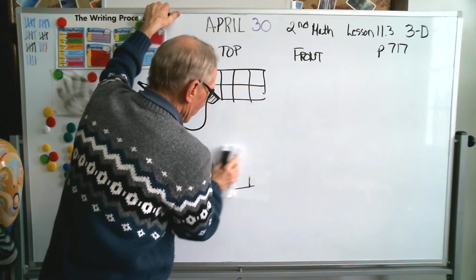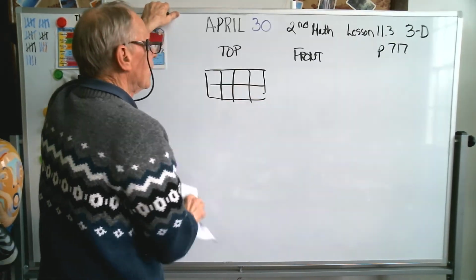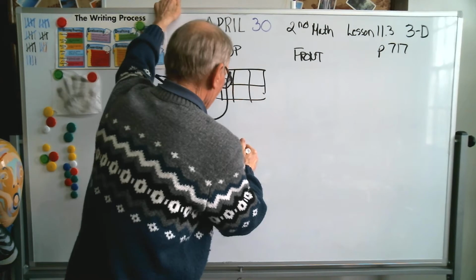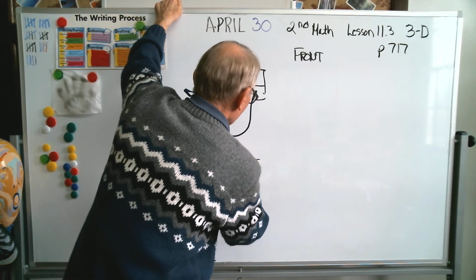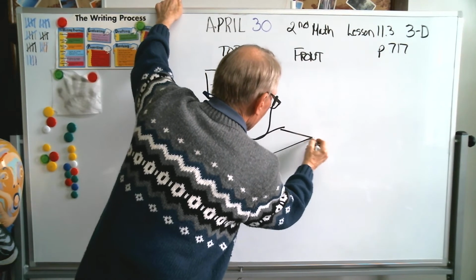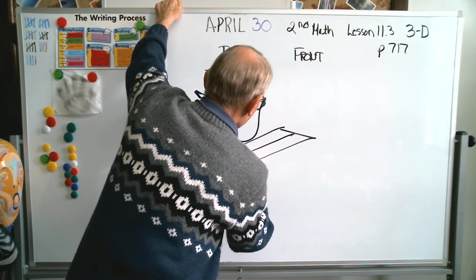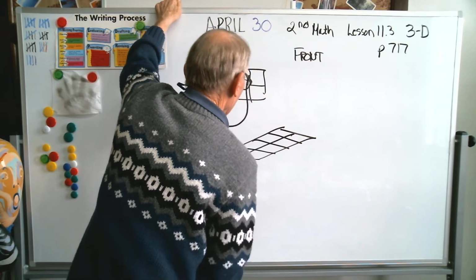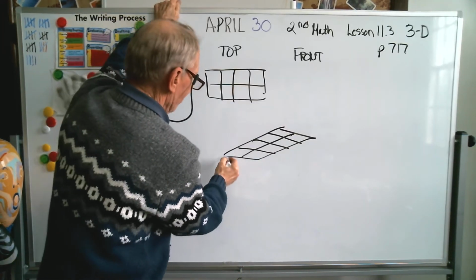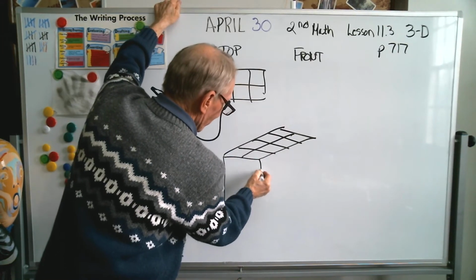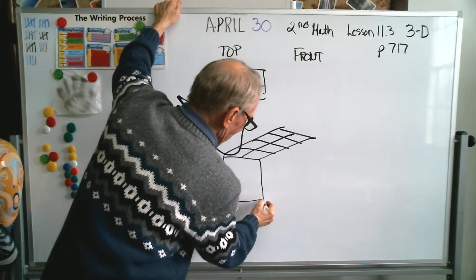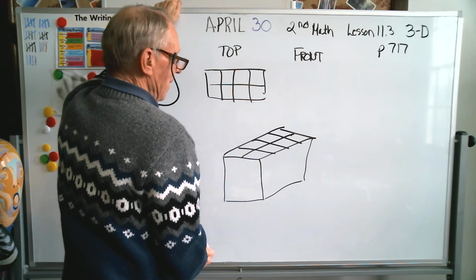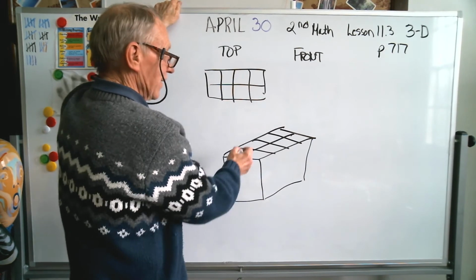That would not have given us 24. So we know the top. Let's just do this. Let's draw the top. All right, there's our top. Now we got to figure out the rest of our pile of blocks here.